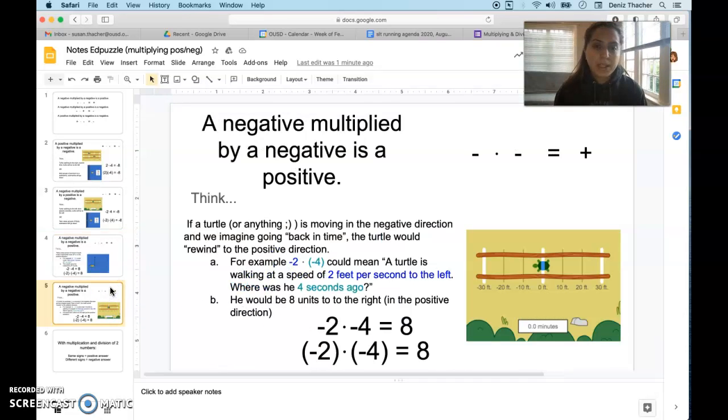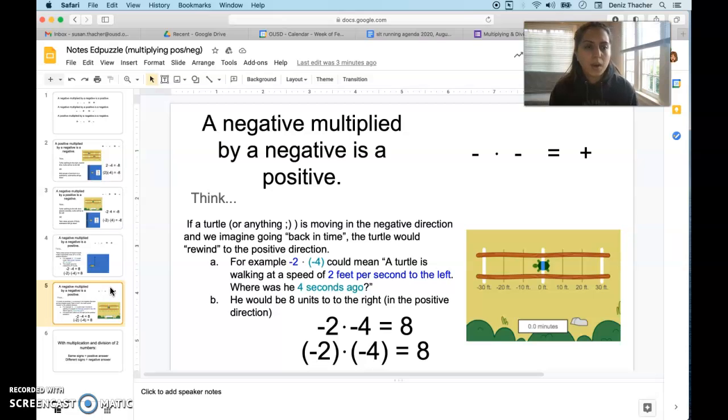If we look at it with Tim and Tam, we can think about the turtle, or anything if you don't like turtles, moving in a negative direction. But then we need to imagine the turtle going back in time or rewinding that video. And that rewinding situation is going to bring us to the right. So for example, -2 times -4 could mean a turtle is walking at a speed of 2 feet per second to the left.